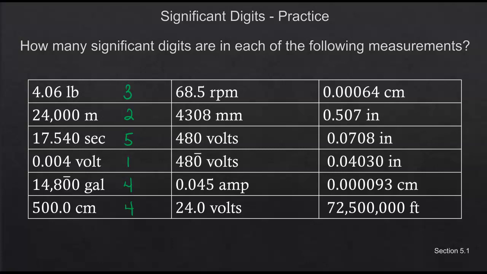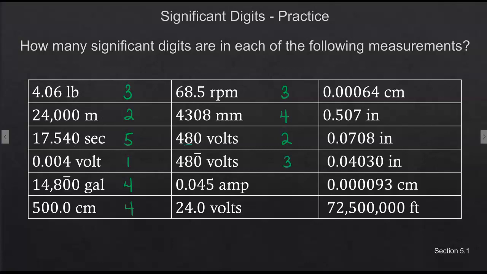Next, 68.5 has 3 because none of them are zeros, so they're all significant. The next one has 4 because of the zeros between other digits. This one has 2. 480 volts, and then 480 with an overbar has 3.